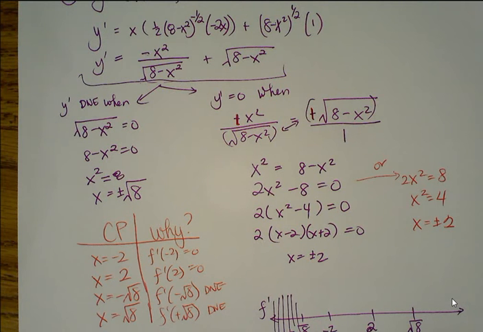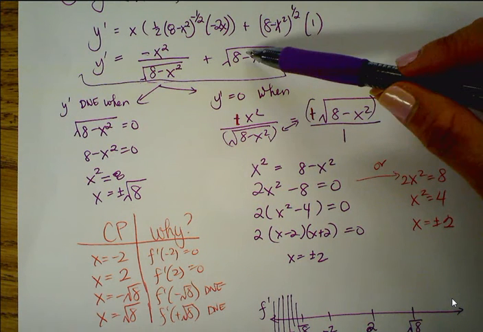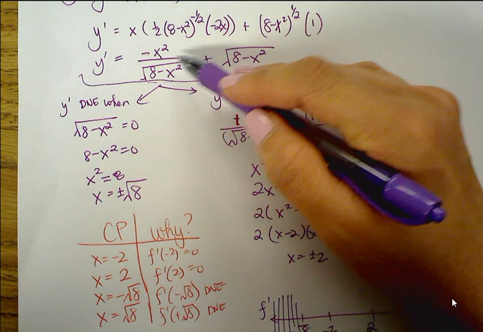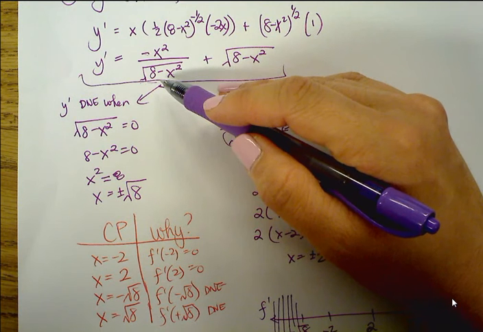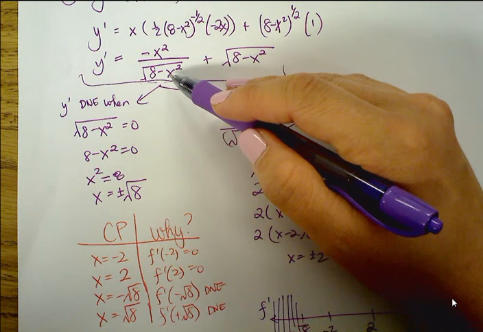So this one, you know, it might be kind of difficult to know if it's positive or negative. I would actually use a calculator, okay? Because look, when you do 2.1 squared, is that going to be bigger or less than 8? Less than 8. So this is going to be a really small number, okay? But if you square root that small number, it's going to be an even smaller number.